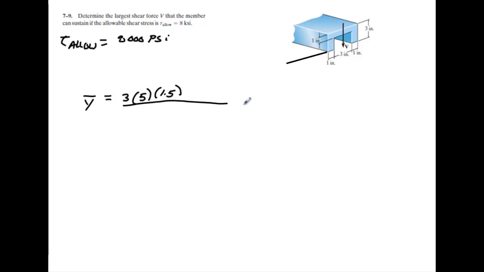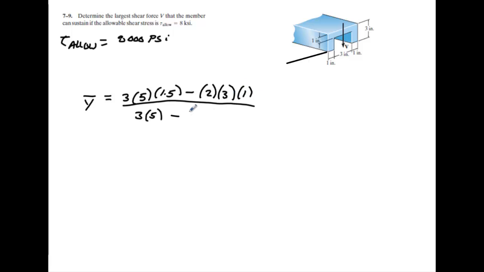Once I go along, I might as well just start adding in my area here, which will be 3 times 5. Now I'm going to minus this area here, which is going to be 3 by 2. To find its y bar, if I'm going up 2, I need to go up 1.